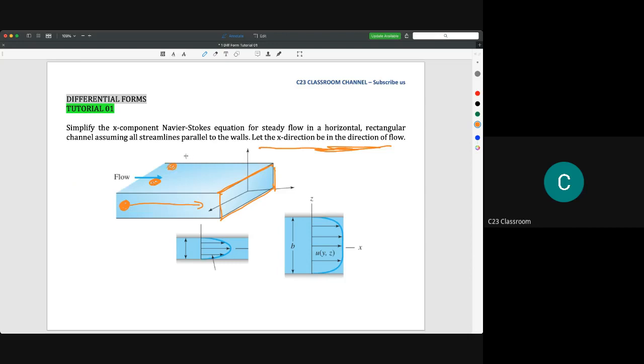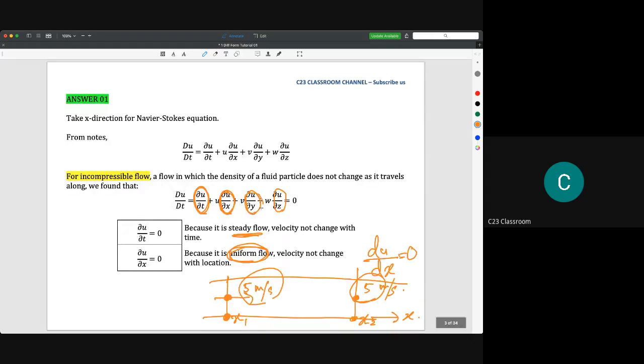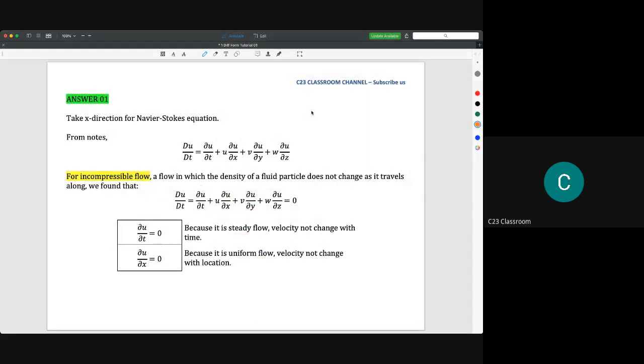Mana-mana jua molekul di sini akan bergerak hanya pada arah X. Oleh itu, tidak ada molekul yang bergerak pada arah Y dan pada arah Z. Oleh itu, kita kata tidak akan ada perubahan had laju u terhadap y dan perubahan had laju u terhadap z. So maknanya du dy juga tidak ada dan du dz juga tidak berlaku. Okay, itu antara assumption yang boleh awak buat.